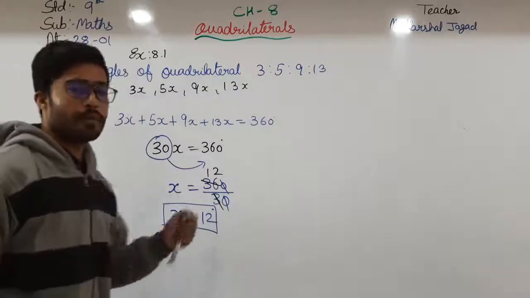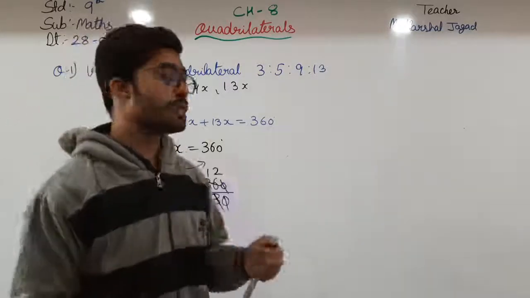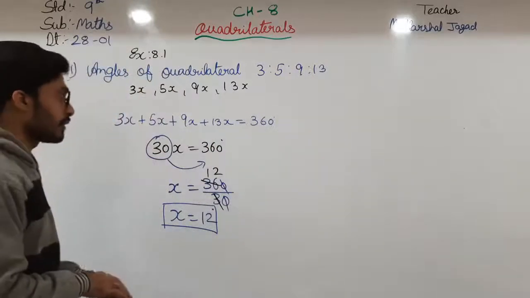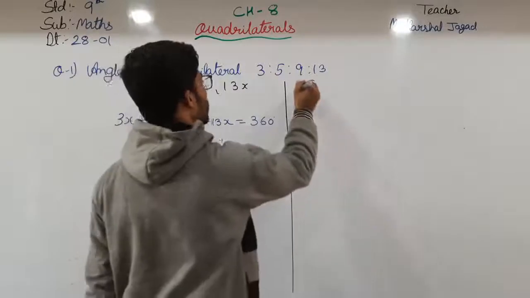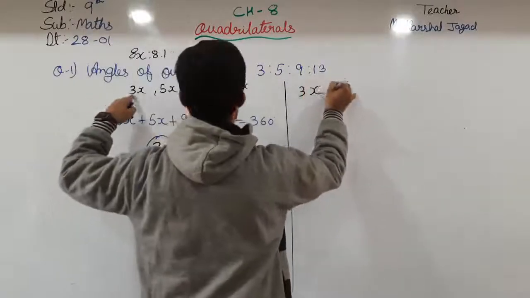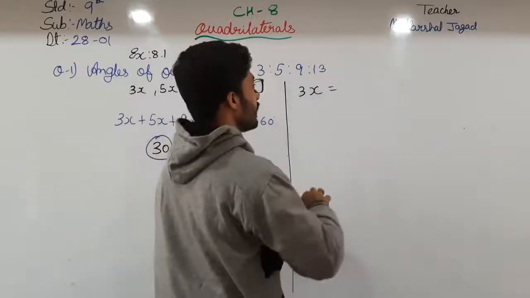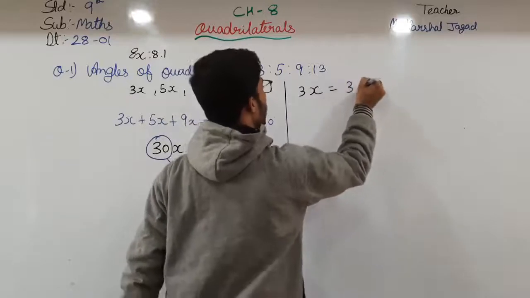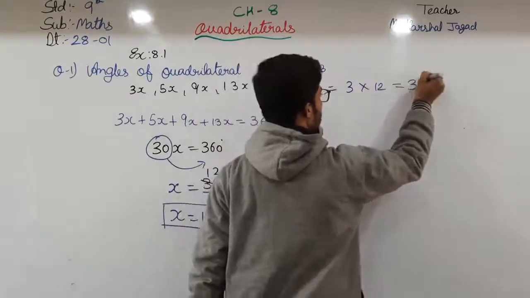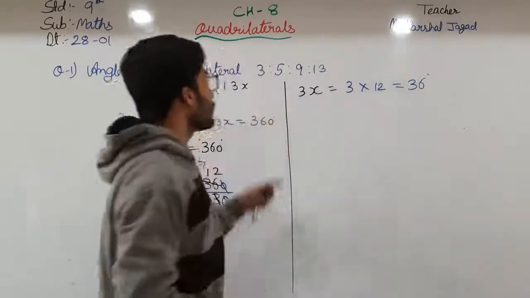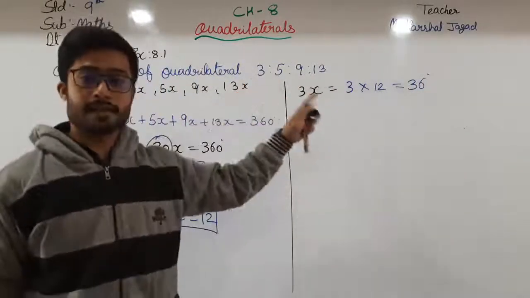And here we have to find all the angles of the quadrilateral. We have 3x, so 3x is equal to 3 into 12, which is 36 degrees. This angle is 36 degrees.